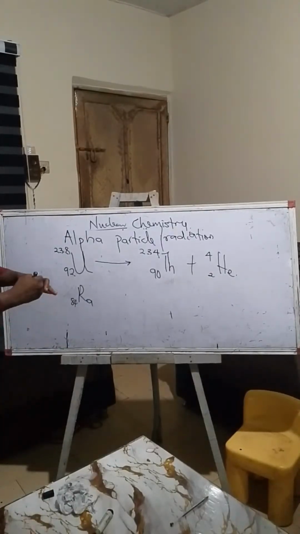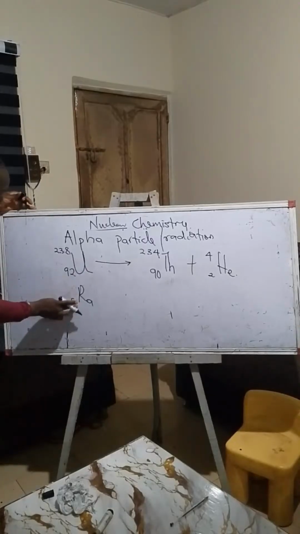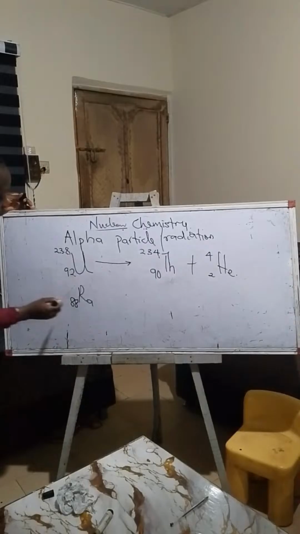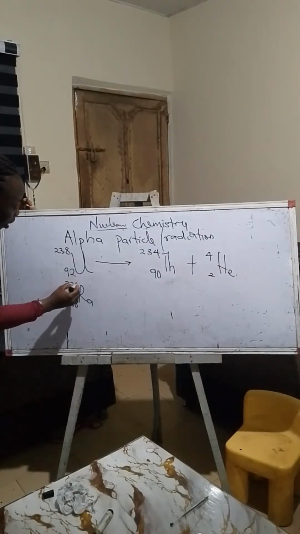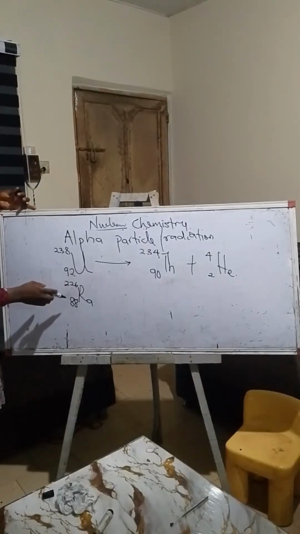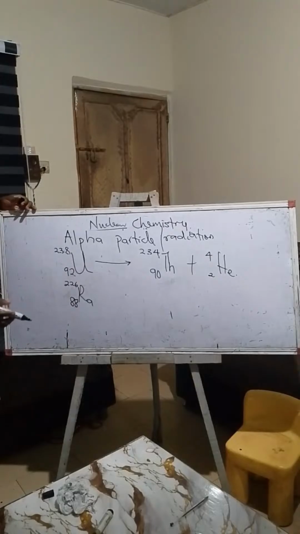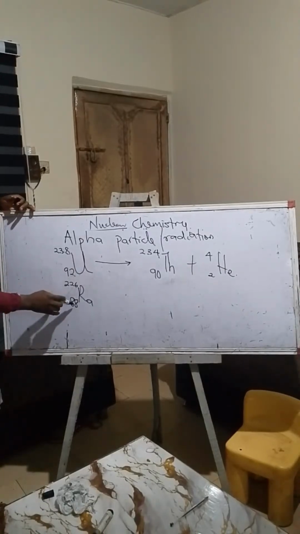Okay, the radium atomic number is 88. And you can have it as 226. That will be the mass number. The mass number can be 224 if it exhibits isotopic nature. So 88.